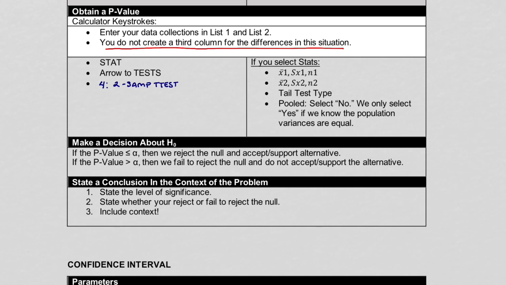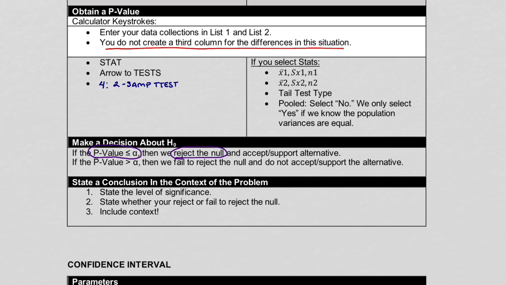Finally, once you've done all that information, your test statistic will be presented to you along with the p-value. And it's basically the same song and dance that you have been doing this entire quarter so far. If your p-value is less than or equal to alpha, then we are rejecting the null and accepting the alternative.